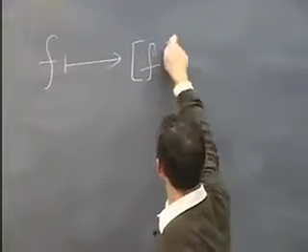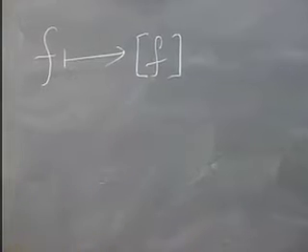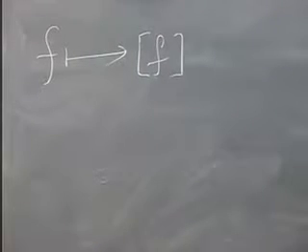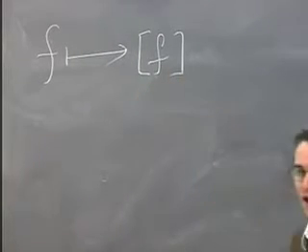I will denote the matrix associated to a linear transformation f from Fn to Fm as square brackets f.